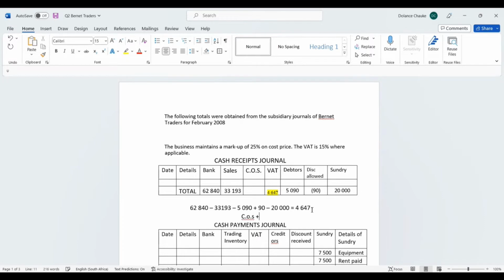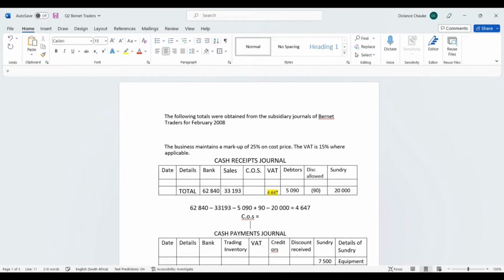Let's check there. They are saying the business maintains a markup of 25% on cost price. The VAT is 15% where applicable. Okay, sharp. Now we need to calculate our cost of sales. It's markup on cost, so we're going to determine everything in this manner.